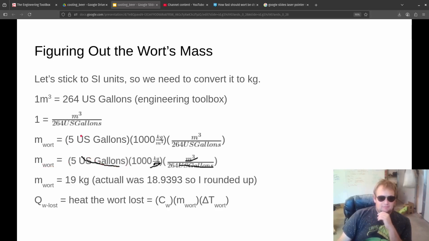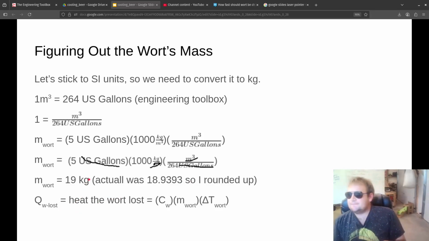So we can cross out this US gallons, both at top and bottom there, then cross out the meter cubed, and we're left with kilograms as the unit. After working it all out, 5 US gallons times 1,000 is 5,000. 5,000 divided by 264 came out to about 19 kilograms. It was actually 18.9393 repeating, so I just rounded it up to 19 kilograms.